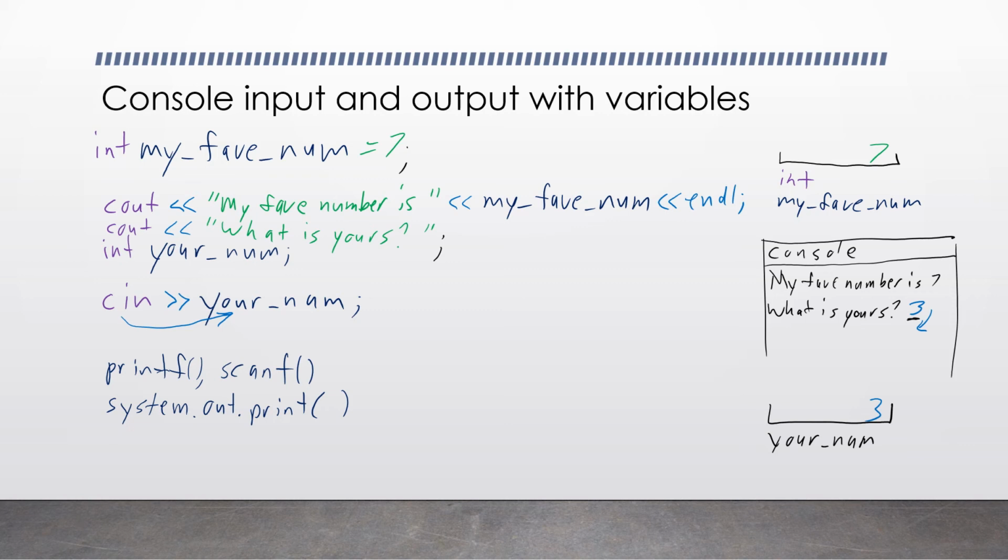In C#, you would use console.write, and again you would fill in between the parentheses what it is that you want to write. The C++ output is a lot more user-friendly for just easily constructing output statements, but there are definitely advantages and disadvantages to all four of these languages.